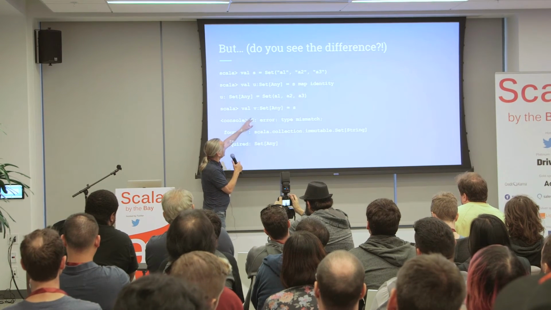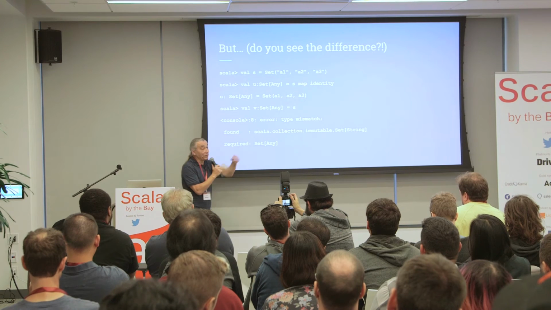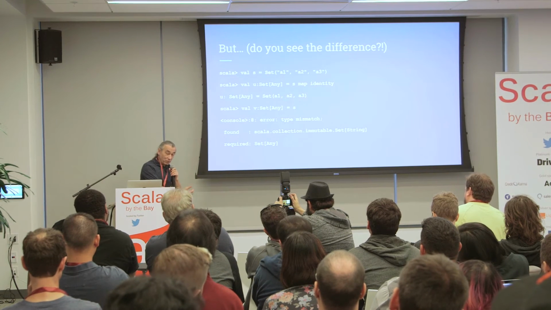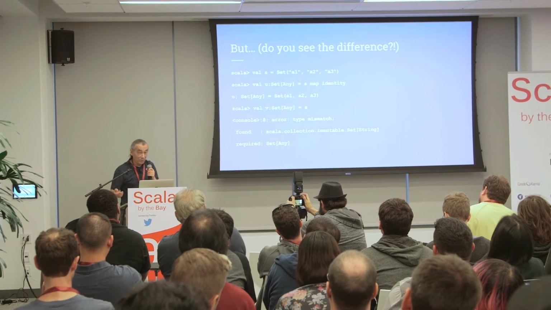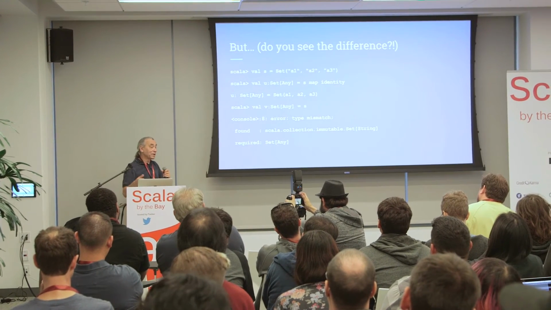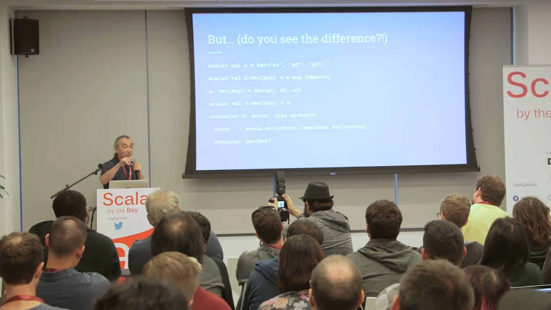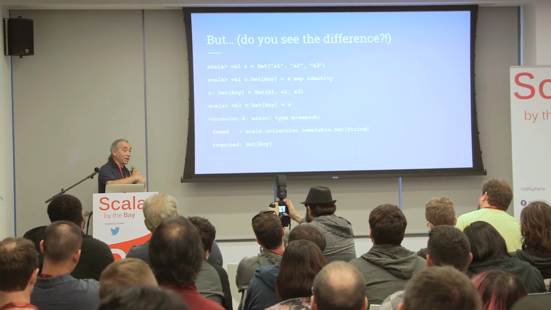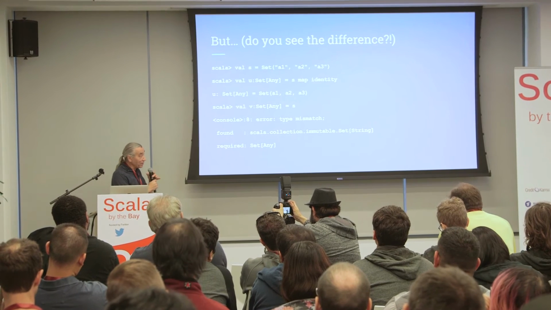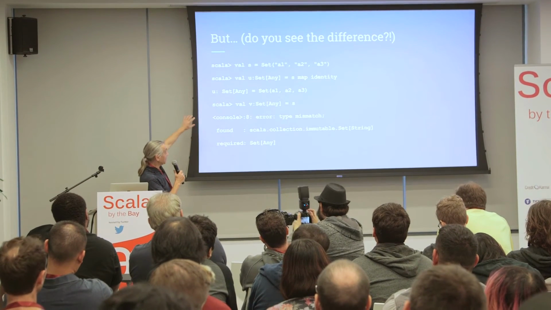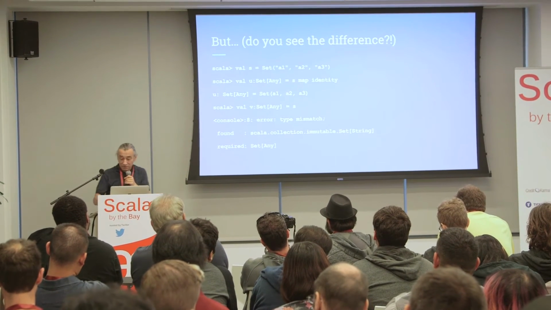Of course, a set of strings is not a set of any's. If it were mutable, we could add an any. Well, it's a known Java problem, right? If you convert a set of strings to a set of any's, how can you add a number to that? In Java, we'll have a runtime exception. Scala doesn't allow this.